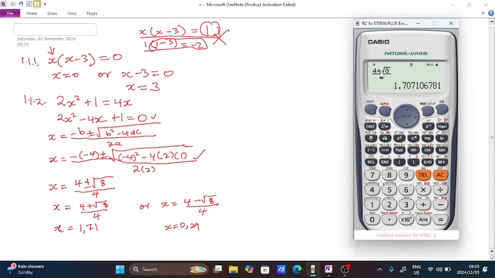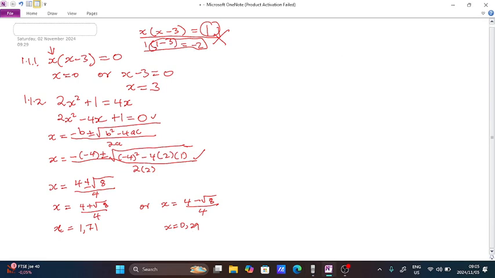Then that will be the first part. The next part is to change this positive here to negative, and then you get 0,29. Then those are the two values of x, this one and this one. So that will be your 4 marks in that case.